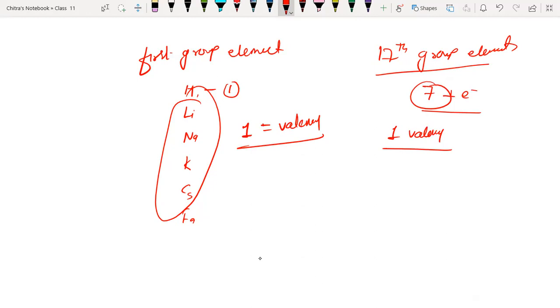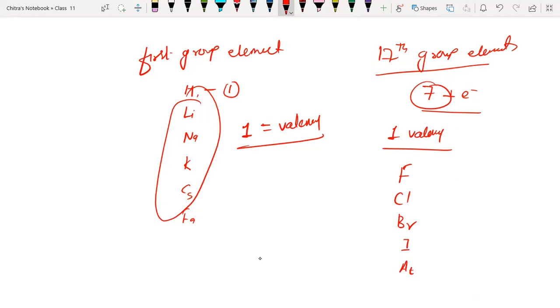If we compare hydrogen with elements of group 17, then hydrogen reacts easily with the elements of group 17. In group 17 we have first fluorine, then chlorine, bromine, iodine, and astatine.